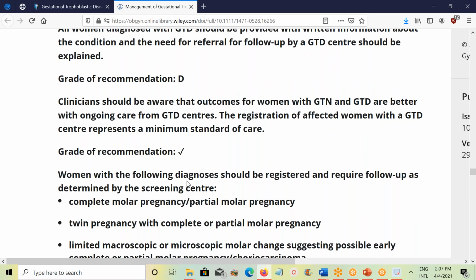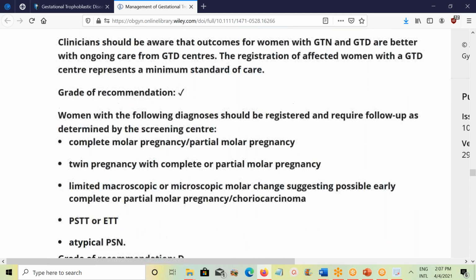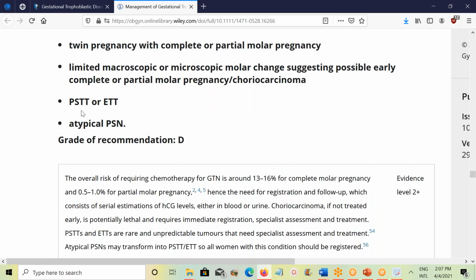So you should know that with the following diagnoses, they should be registered and require follow-up as determined by the screening center: complete molar pregnancy, partial molar pregnancy, twin pregnancy with complete or partial molar pregnancy, limited macroscopic or microscopic molar changes suggesting possible early complete or partial molar pregnancy, choriocarcinoma, PSTT, ETT, atypical nodule.